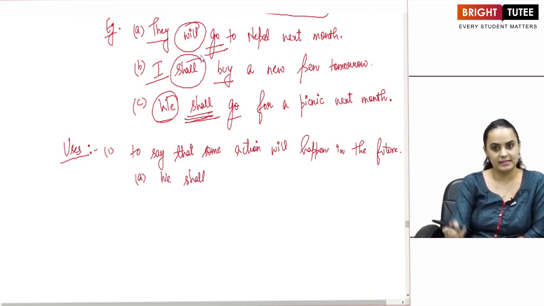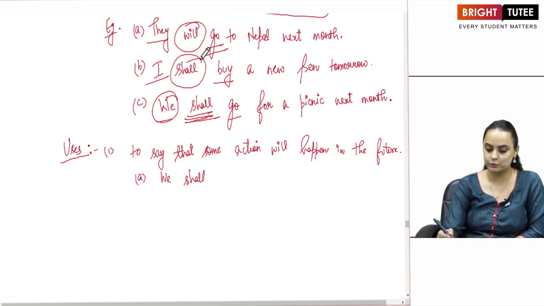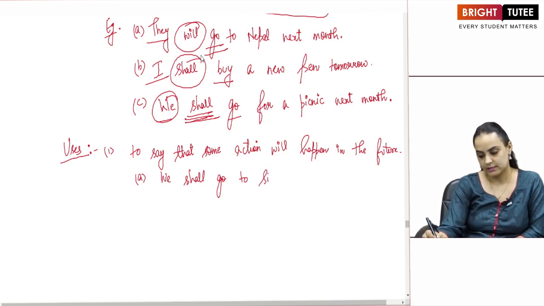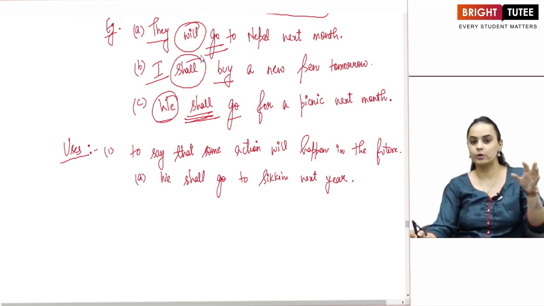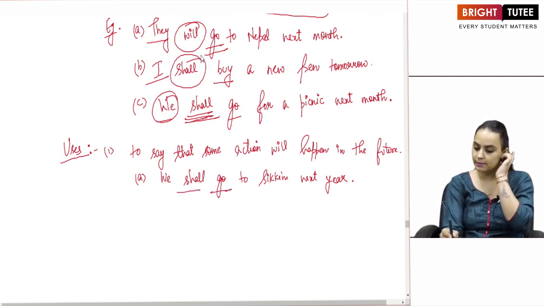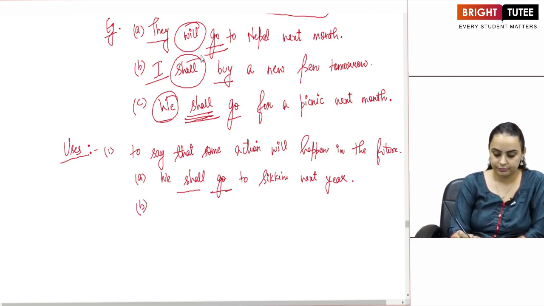All the above examples that I have already written hold for this first use also. So, we shall go to, let's say, Sikkim next year. Going to Sikkim next year is again something that will take place in the future. So, shall plus the first form of the verb, which is go.